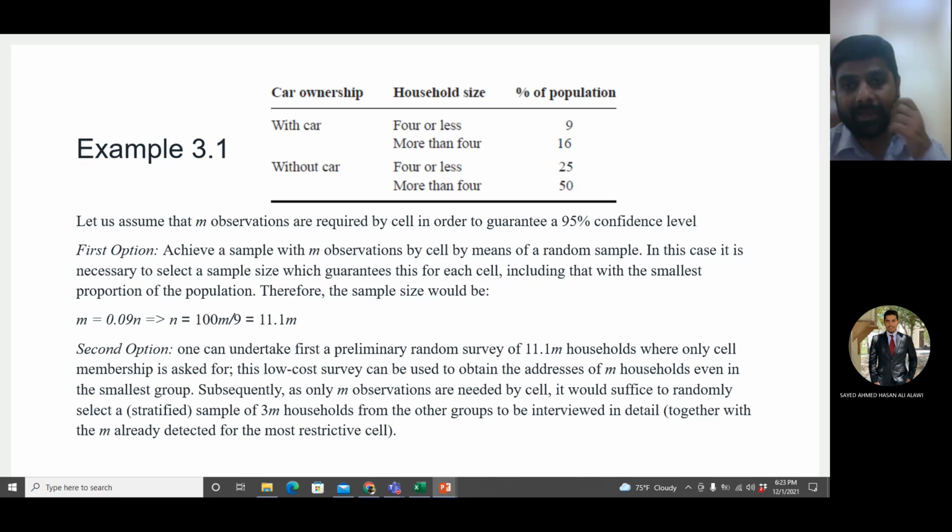Now let's say from each of these categories I need m values. From each of these categories I'm trying to find out m values. So what should m be, and how much confidence level am I trying to achieve? 95%.